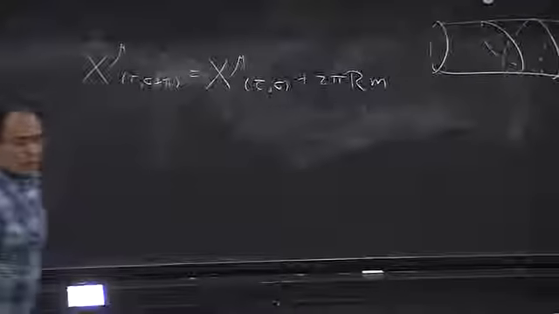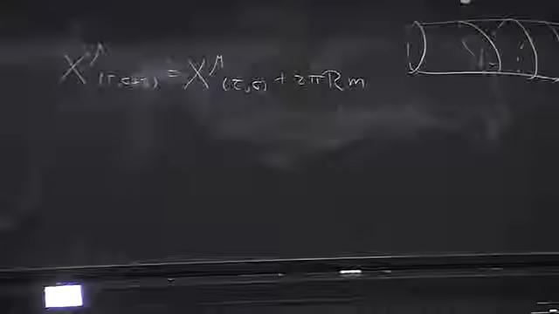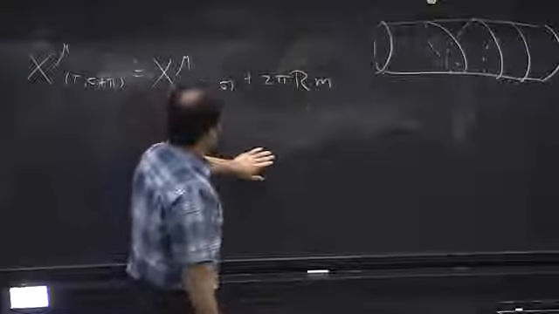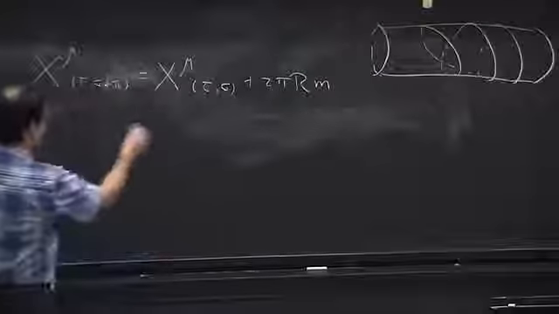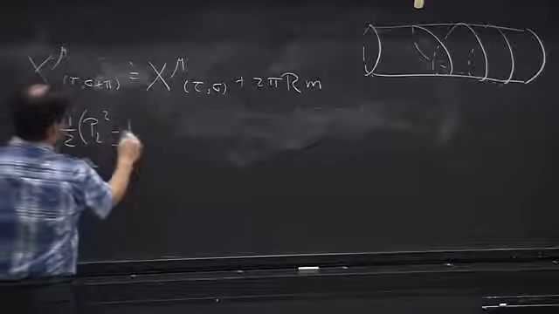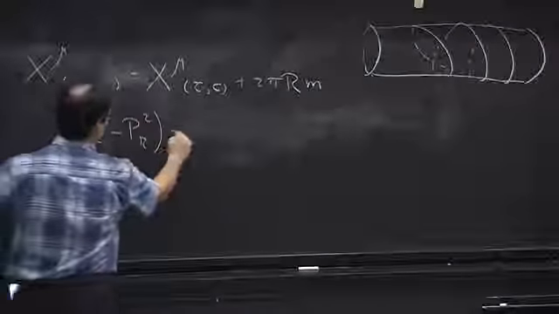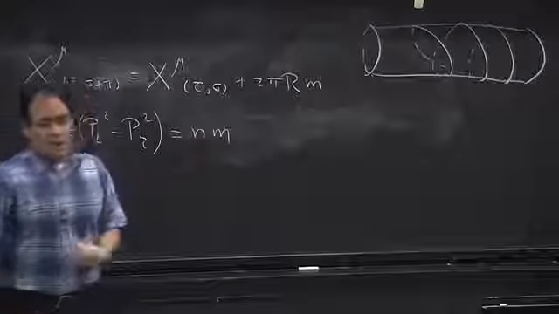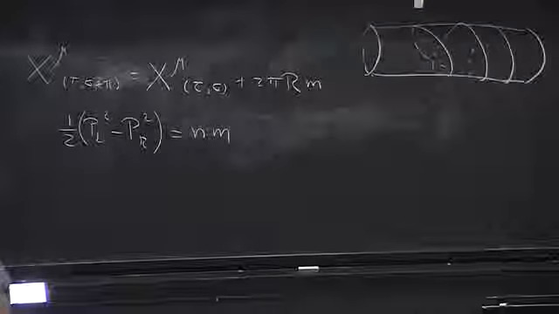So I hope you remember that there was a condition on the momenta along that direction. You found something like P left squared minus P right squared had to be equal to N times M, where N was what?